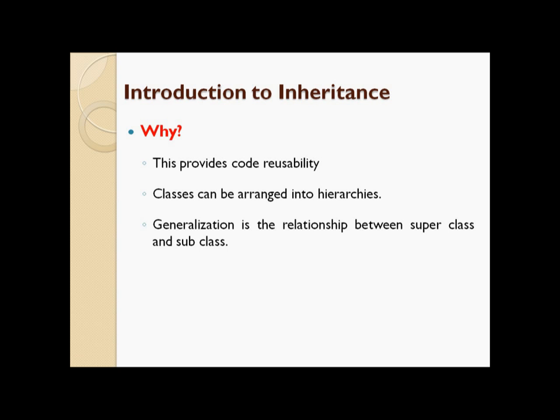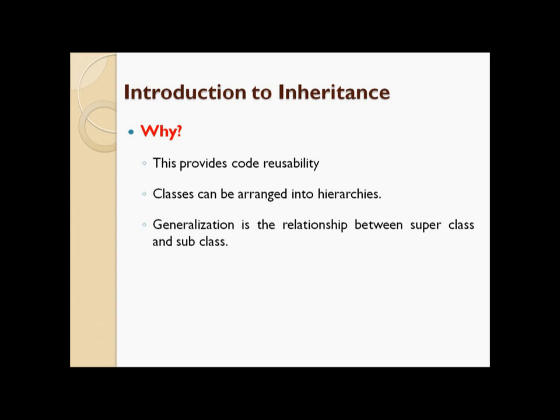The second point says that classes can be arranged into a hierarchy. When we deal with real life software development, we do not deal with only one class or two classes. We have to deal with more than 7 or 8 classes. So there we need to maintain a proper hierarchy in order to understand the functionality of different classes or the role of different classes in writing the program.